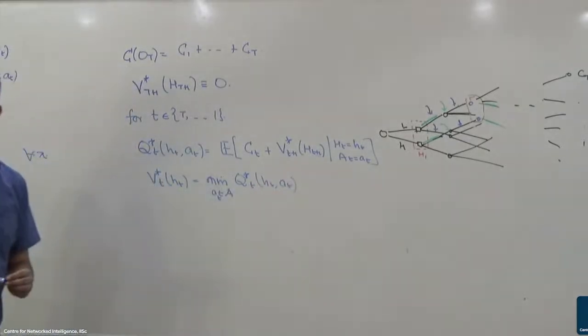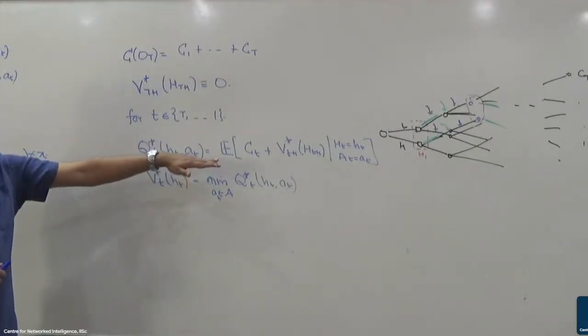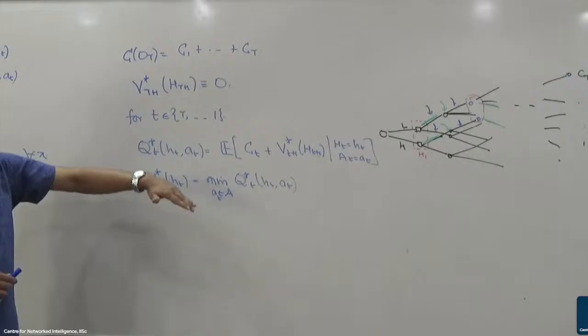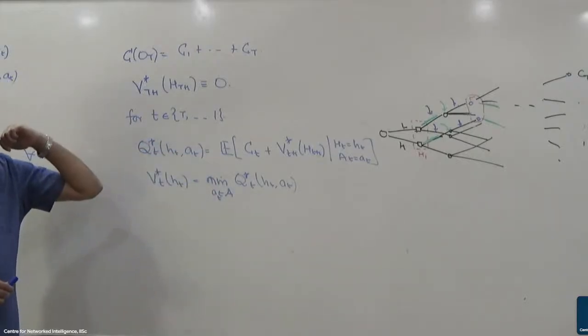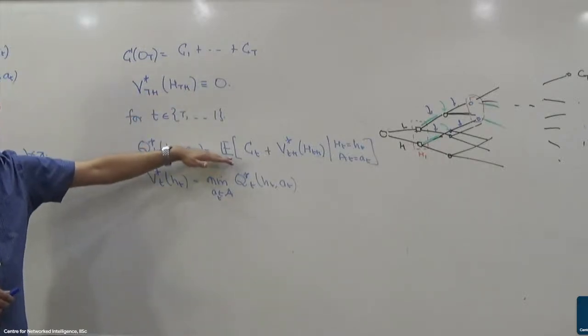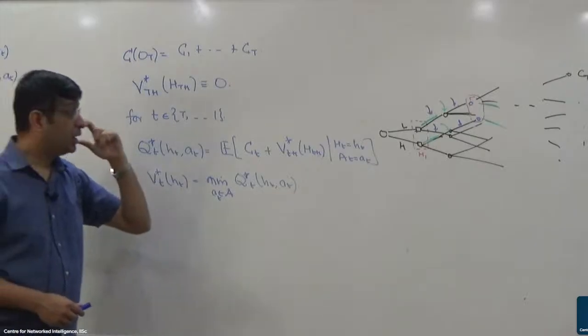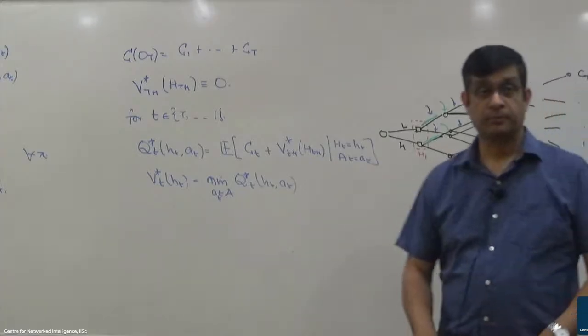This part is the same as the simplification that I had done in the fully observed case, and the proof why this is optimal is the same as what we did last time. I can show this is a valid policy evaluation function. If I define the value function to be the cost to go rather than the total cost, the cost from time t onwards, we will get the same proof argument.